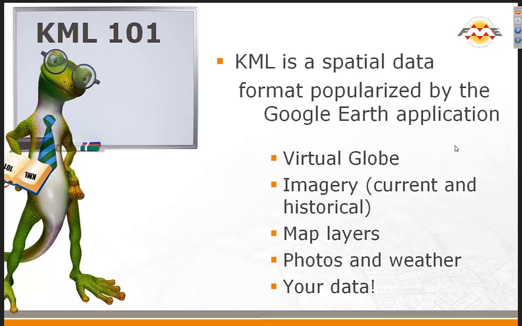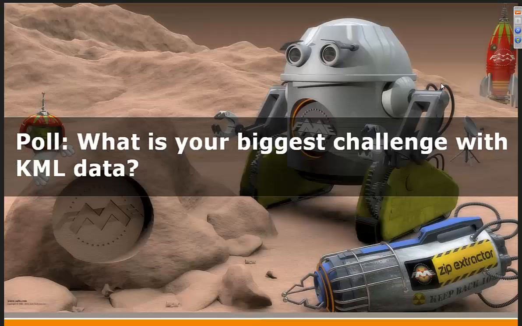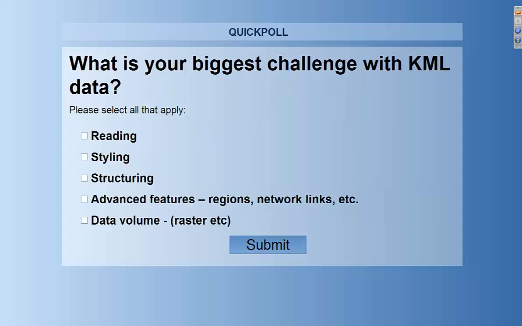Excellent. All right, now we're back to another poll. We want to know, what is your biggest challenge with KML data? Let's see what the options are. Reading, styling, structuring, which would be any way that you're trying to structure the folders of the data and organize your data.